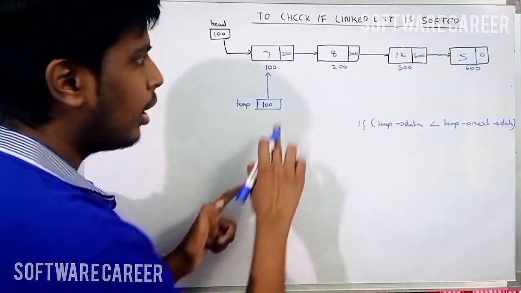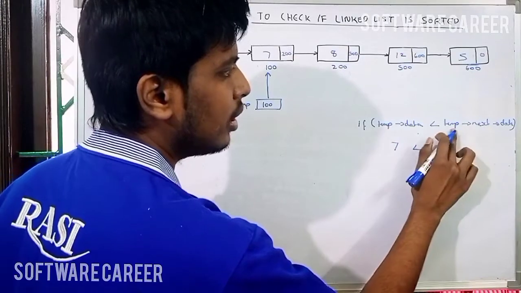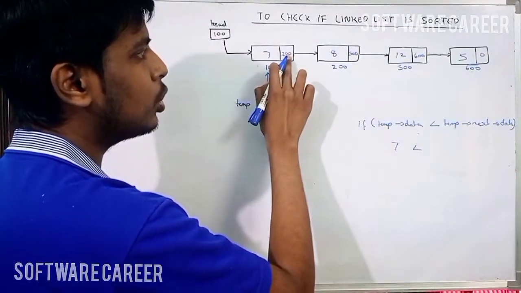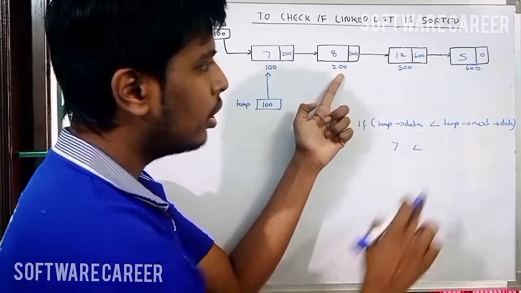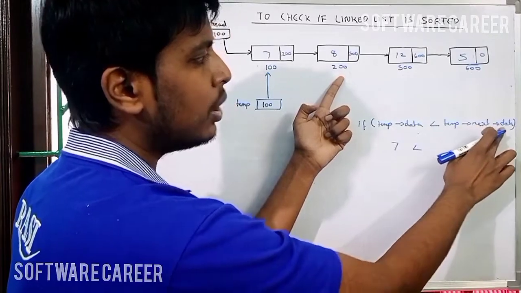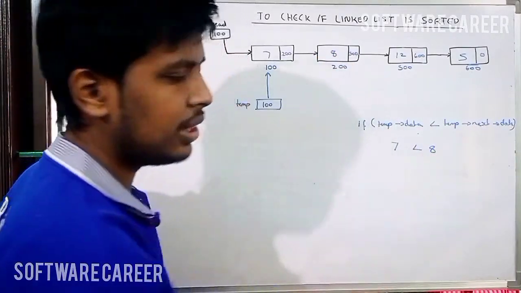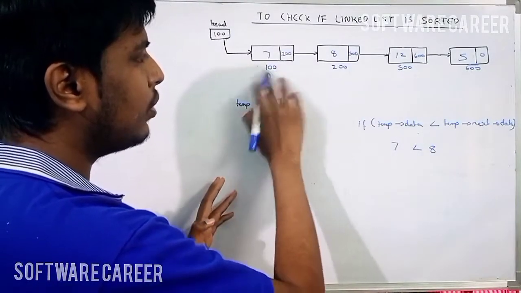Temp is 100. 100's data is 7. I'll compare whether 7 is less than temp next data. What is temp next? Temp is 100, and 100's next is 200. So 200 is this node. Now temp next is 200. 200's data is what? 8. So I'm comparing whether 7 is less than 8. Yeah, it's less than 8. 7 is less than 8.